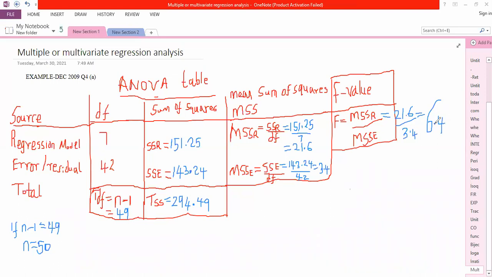Assuming, let me say, a significance level provided for your test, maybe 5%. Assuming at 5% level of significance, you're told to test whether this model, the whole of our analysis, is significant or not. And let's say the F table provided is something like 5.8.